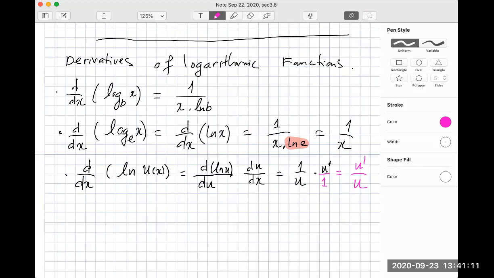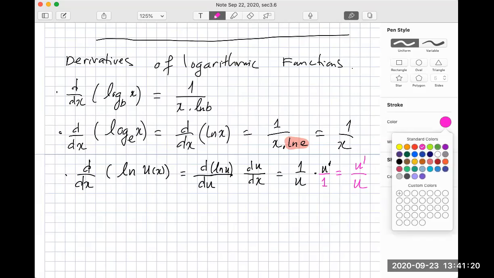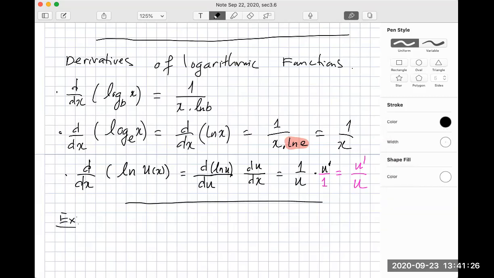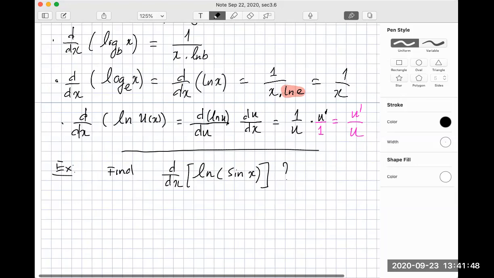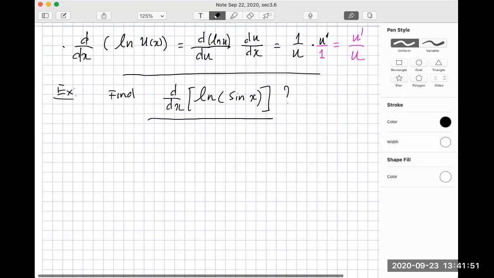So now let us play with some examples. These are beautiful formulas. Just memorize them. And now let us find d over dx of ln sine of x. Right? Now look at this. What is u in this case?